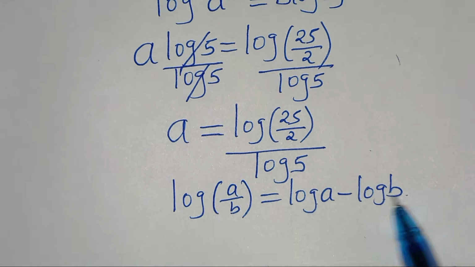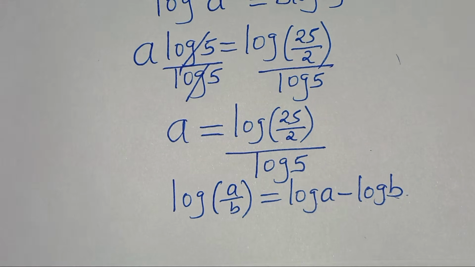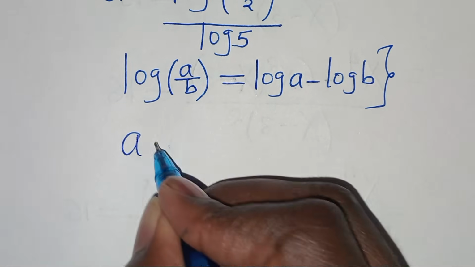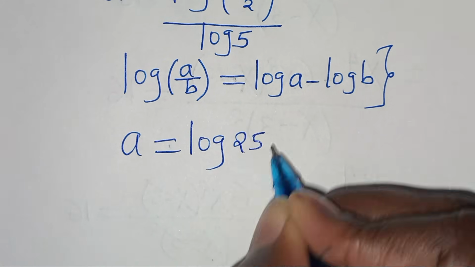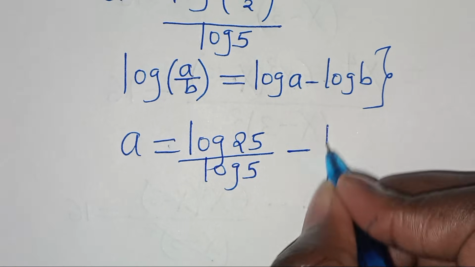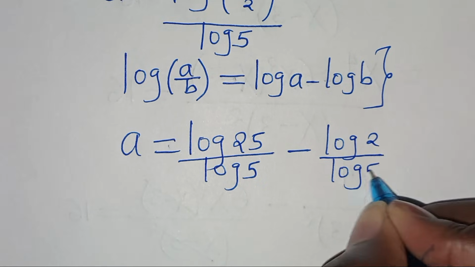Now applying this logarithm property, we have that a is equal to log 25 divided by log 5, then subtract log 2 divided by log 5.